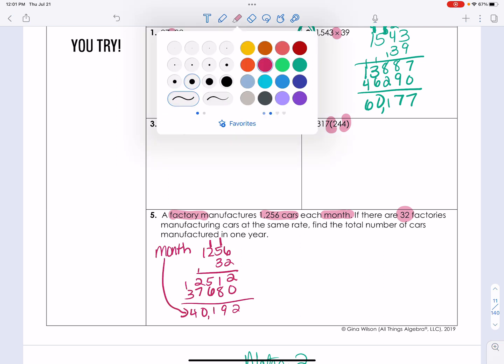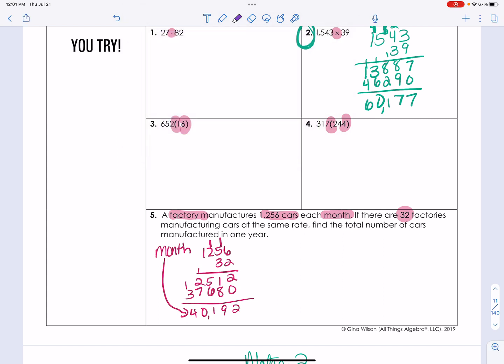If you look at what the question says, find the total number of cars in 1 year. In 1 year, there are 12 months. So if they're doing this for 1 month, I'm going to take that amount, 40,192, and multiply by 12.